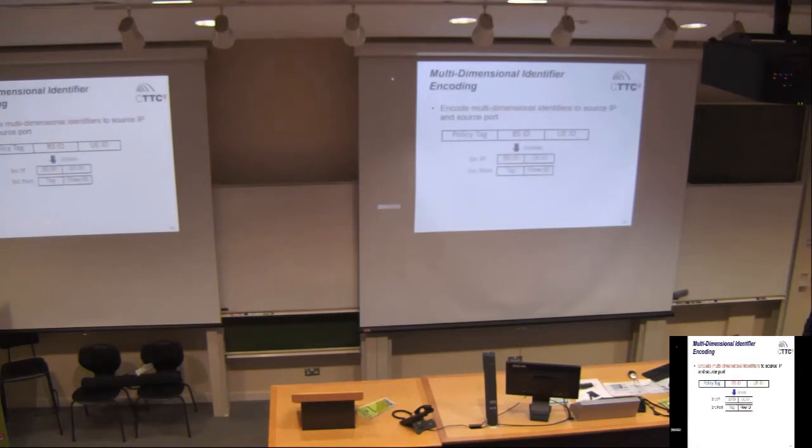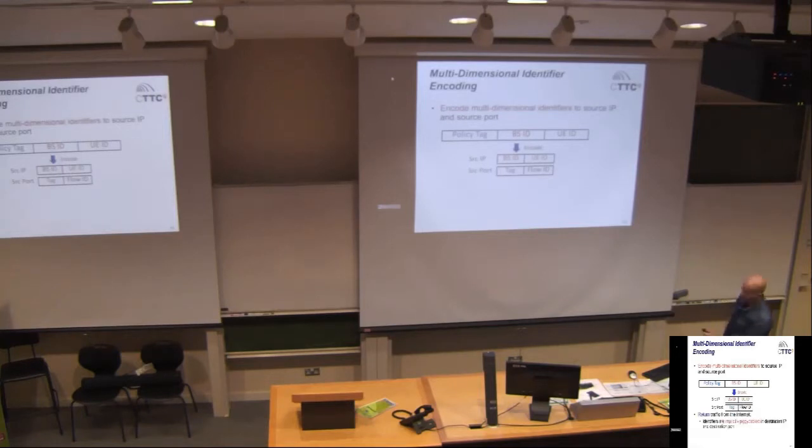Okay, so when I mention encoding policies, encoding location-based IP addresses, where do we put all these matches in the IP header?